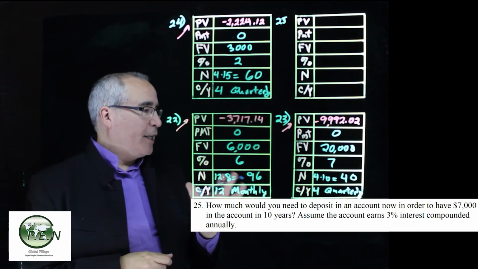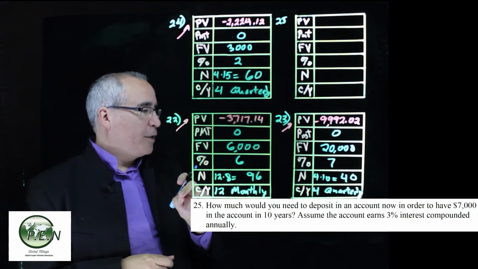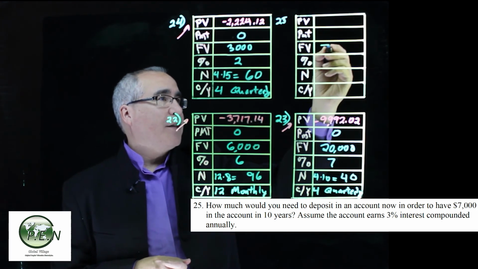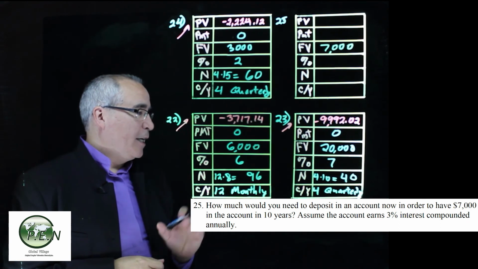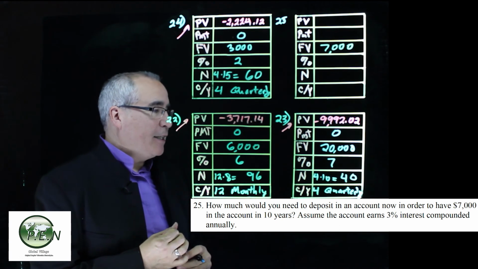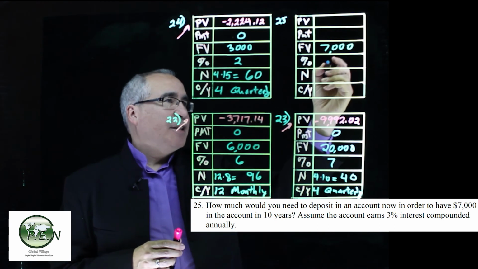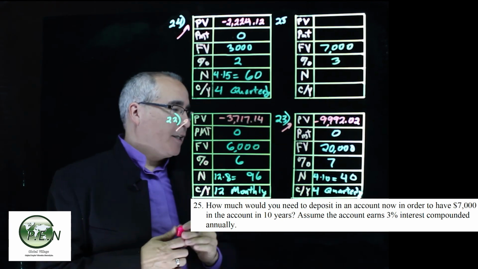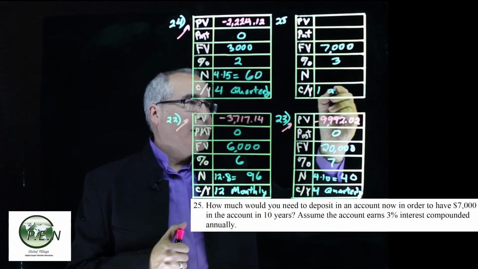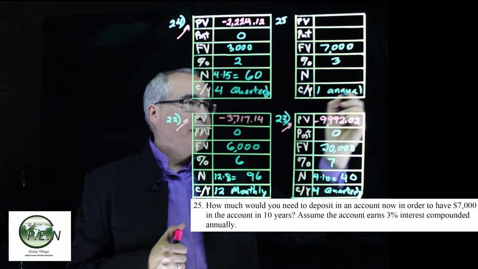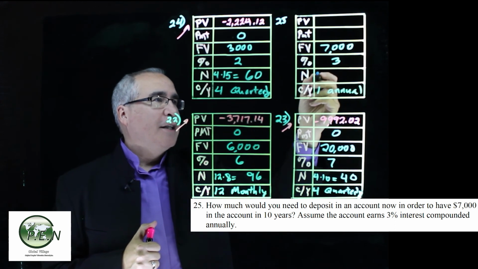Okay, let's take a look at 25. And this is our last of the series where we're looking for a deposit. We need to save $7,000. Okay, so we put that in. We need it in 10 years. We're still only getting small amounts, 3%. But in this one, we're only going to get compounded annually. So we fill in that information.